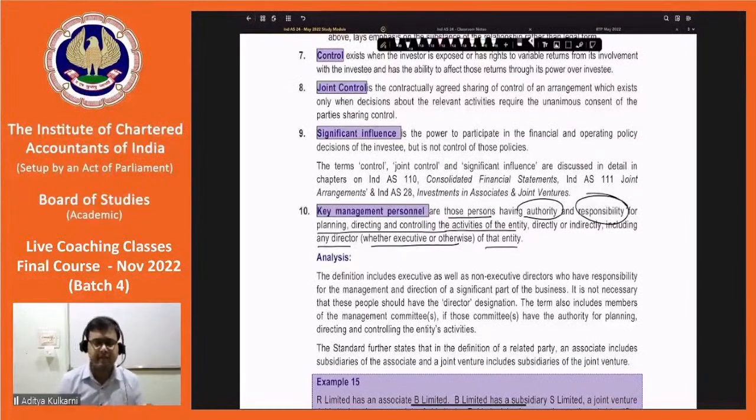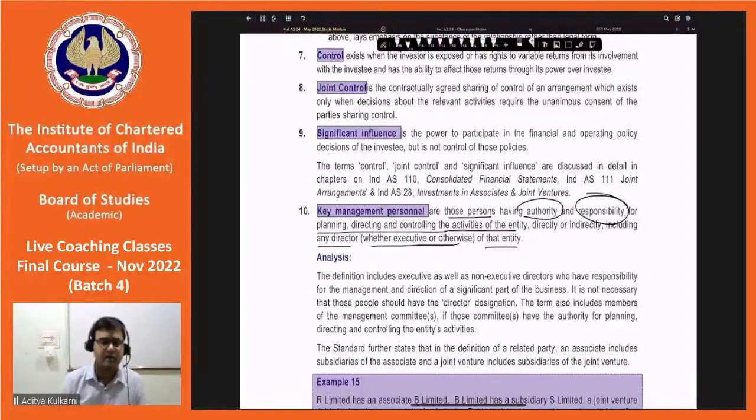Salary will be paid and before the due dates, PF, ESI and all other welfare contributions also would be done. Are these activities integral to the operations of the entity? Yes. If salary is not paid, who will work? So these services are towards directing and controlling the activities of the entity.